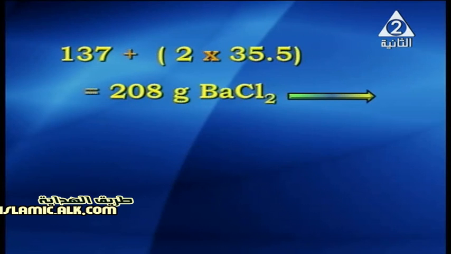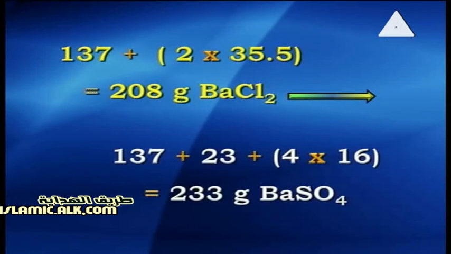So the molar mass of barium chloride, 137 plus 2 times 35.5, equals 208 gram. And it gives 1 mole of barium sulfate, its molar mass 137 plus 32 plus 4 times 16 equals 233 gram of barium sulfate.